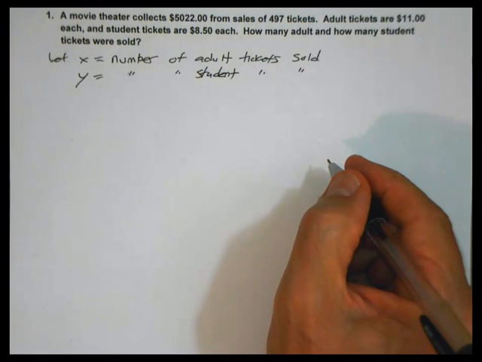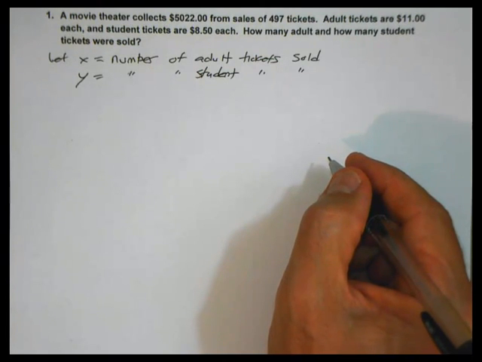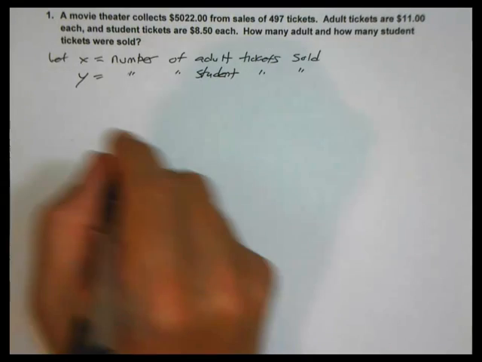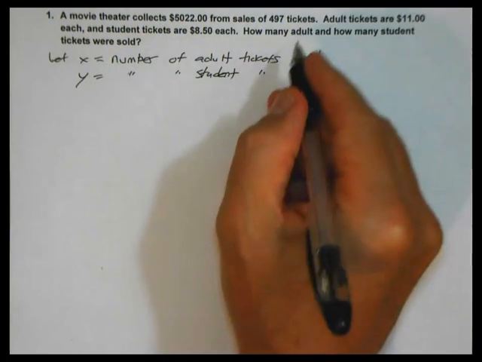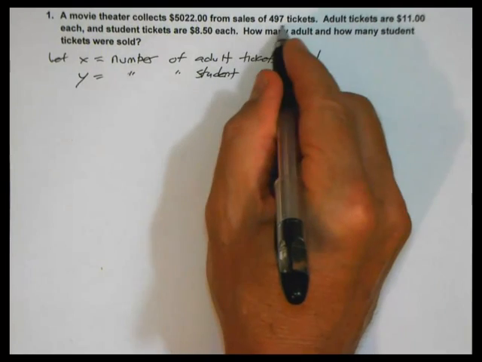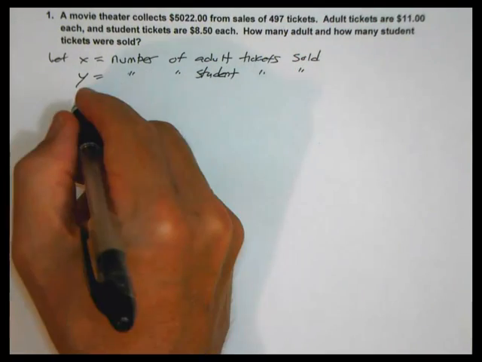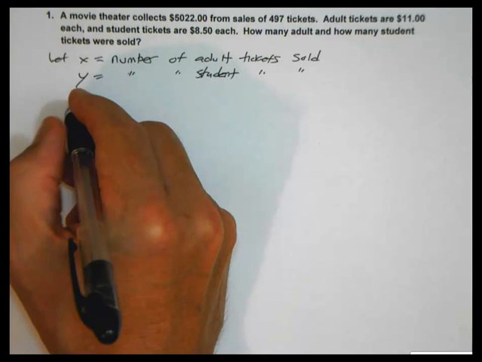Okay, now let's see here. What source of information could lead to some kind of equations here? Well, we have a total of 497 tickets sold. Okay, let's translate that into math.